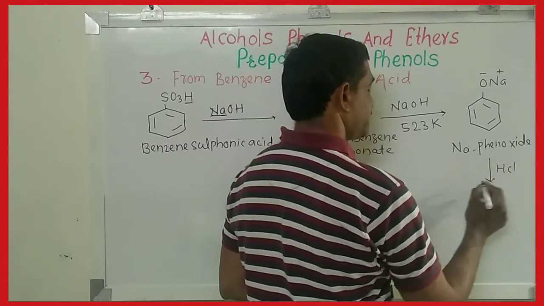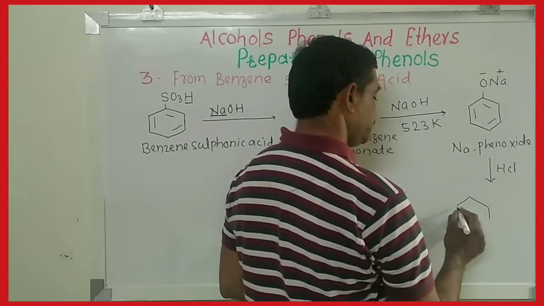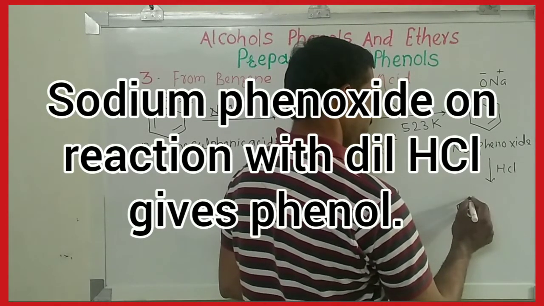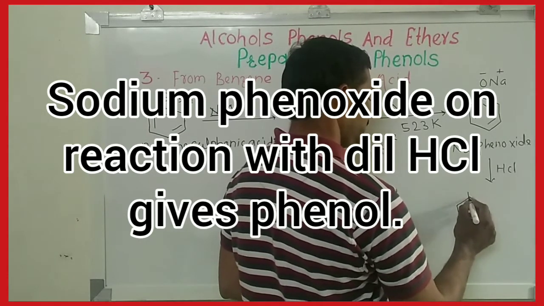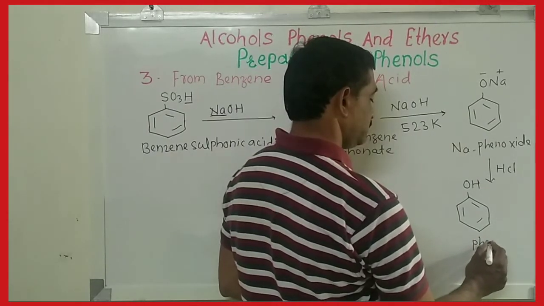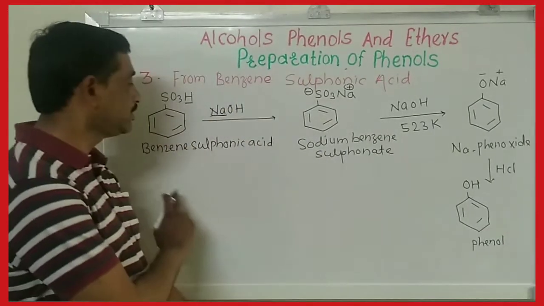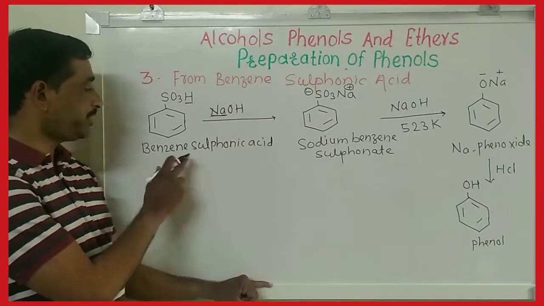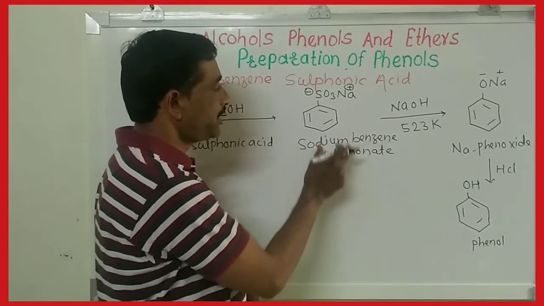This sodium phenoxide on reaction with dilute hydrochloric acid gives us the final product of this reaction, that is phenol, C6H5OH. So in this way, benzene sulfonic acid on reaction with sodium hydroxide gives sodium benzene sulfonate.